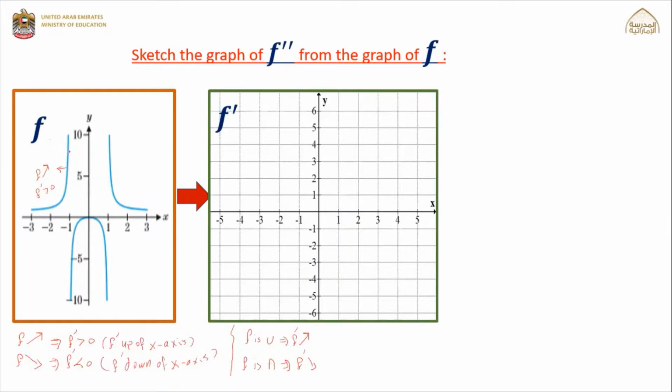Also, function f has a vertical asymptote at x equals minus 1. Function f prime also has the same vertical asymptote. So here I have a vertical asymptote for f prime. And function f prime will be greater than 0, up of x.